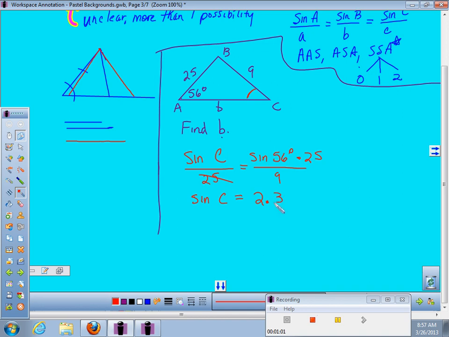If you then need to find the angle, how do you find the angle in your calculator? Inverse sine of 2.3. Somebody want to try doing inverse sine of 2.3? What does your calculator say? It's an error. Why?